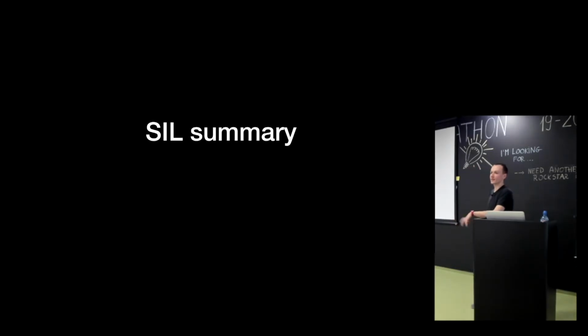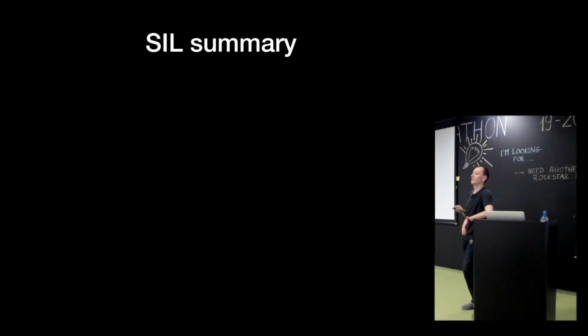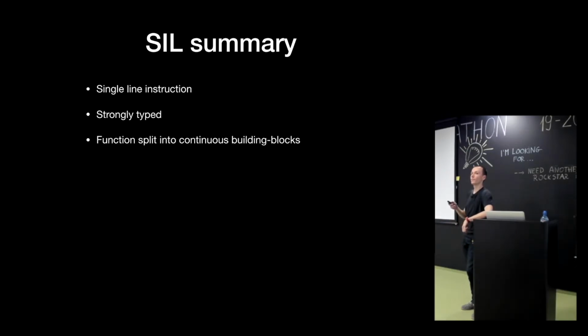So let's summarize the characteristics that we've learned about CL. CL actually takes your Swift concise instructions and splits them into smaller, simpler instructions. It is strongly typed, so it still keeps track of all the types. Functions are split into continuous building blocks.